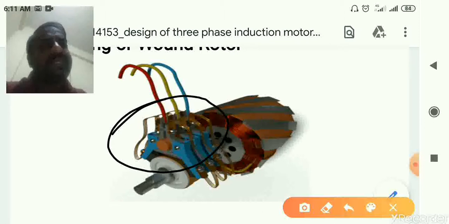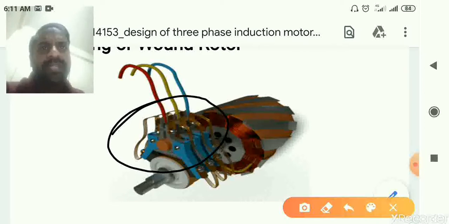So the slip rings rotate along with the shaft. It is very difficult to give the supply or add resistance in the rotating part, so we add the external resistance with the help of carbon brushes which are mounted over the slip rings.